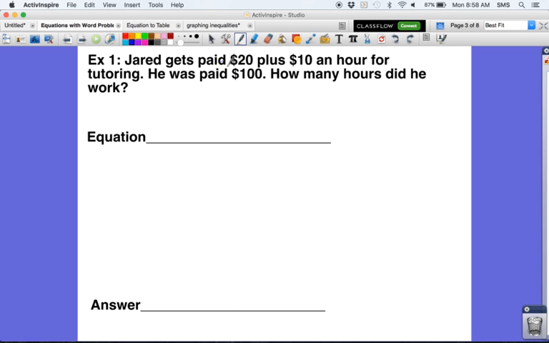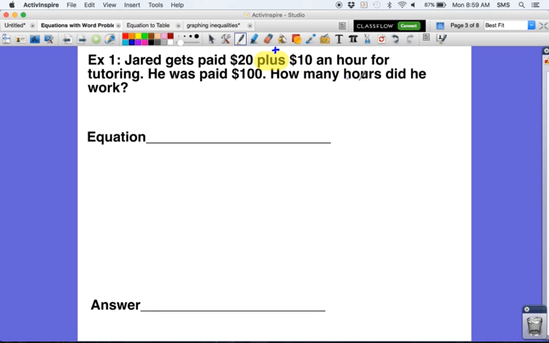Okay, so Jared gets paid $20 plus. This word plus right here is an important word. So I'm going to highlight plus and write a plus sign, because that's what that is. That looks like a multiplication sign, so let's fix that a little bit. There we go. Plus $10 an hour.